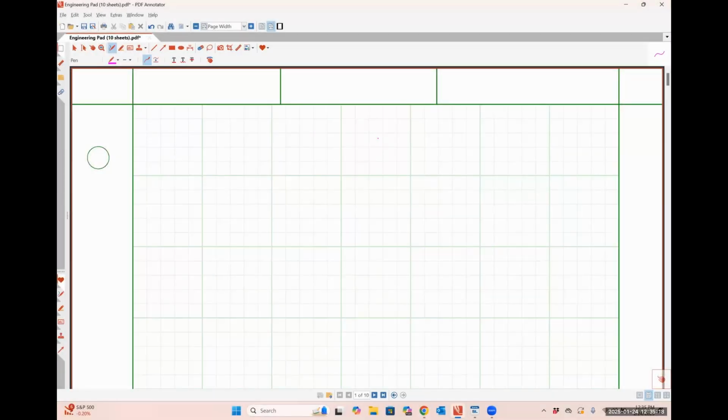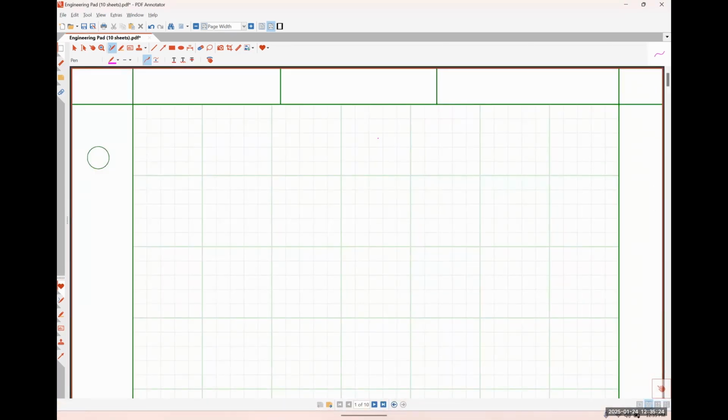Okay, so we're going to continue talking a bit with regards to electrostatic actuation today. We're going to be talking about capacitive comb drive actuators.